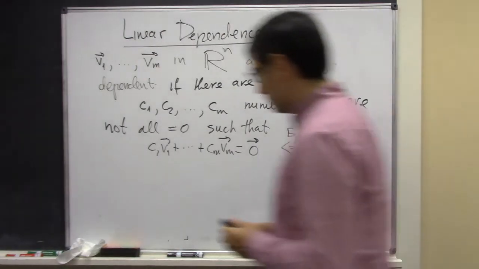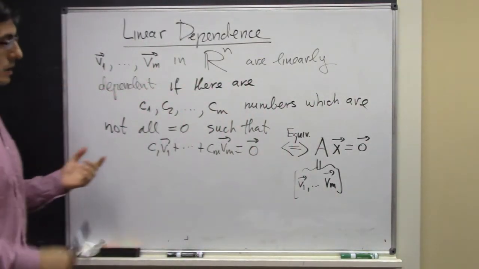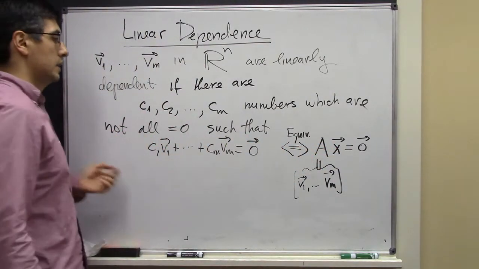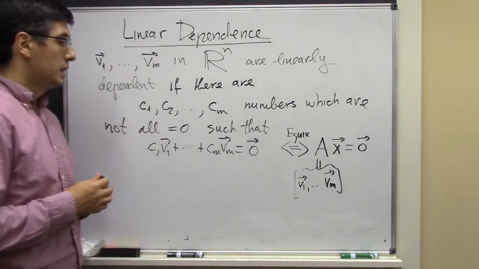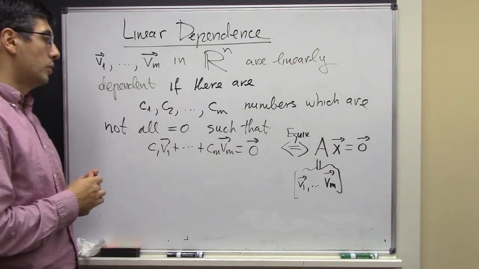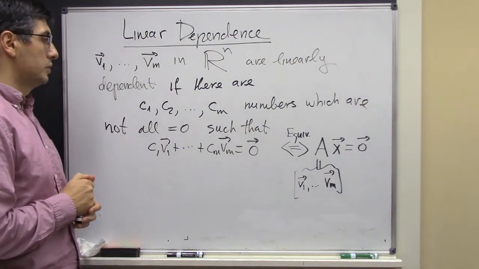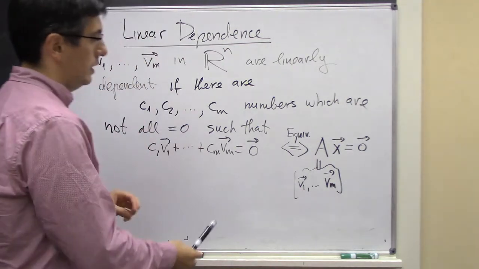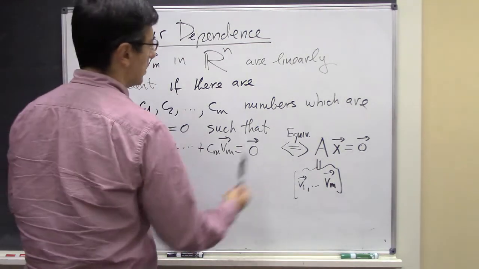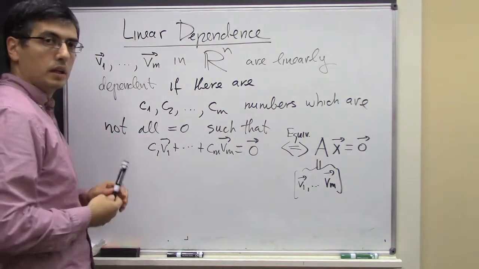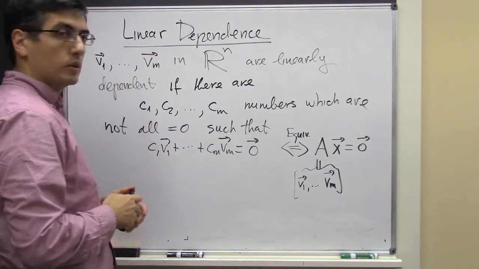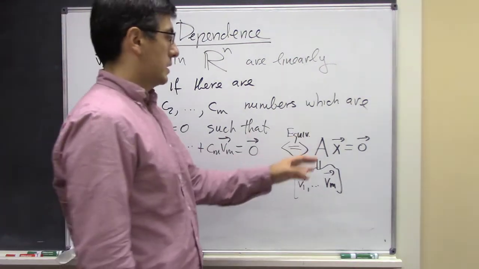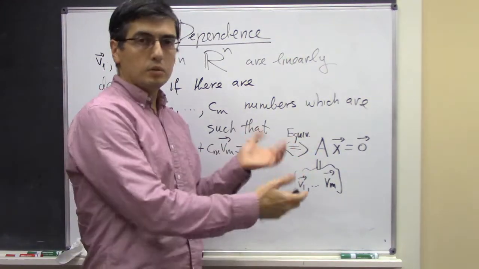And besides that reformulation, in some cases you can easily say that the set of vectors has to be linearly dependent or independent. One of those cases is where the number of vectors, this m, is strictly larger than n. Then the vectors are always dependent, and this comes out from bringing A to echelon form.